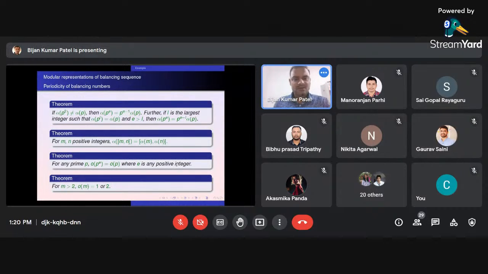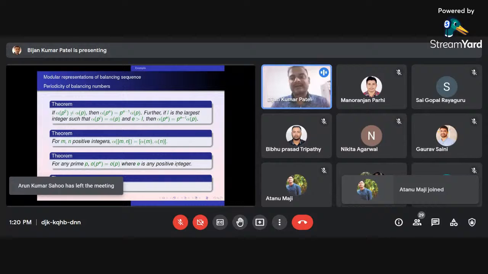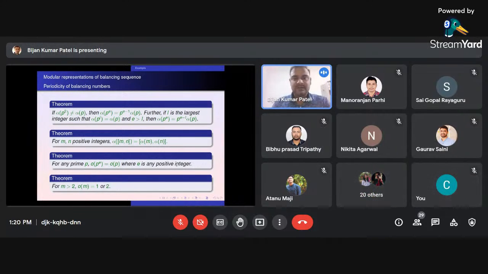In the same work, we also established a few properties related to rank and order. One interesting property is that the order is either 1 or 2, which means you can find either one or two 0s within the period. These are some results based on the rank.